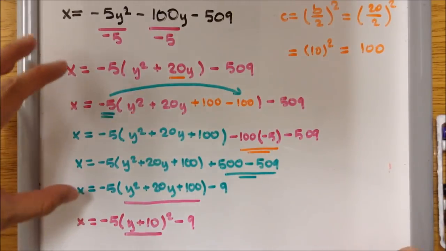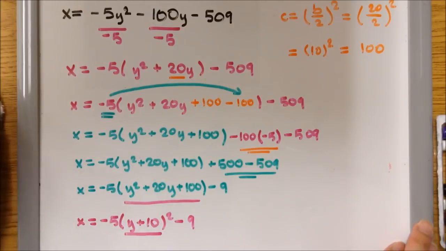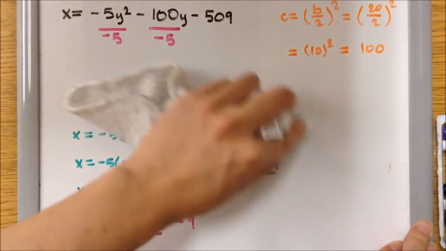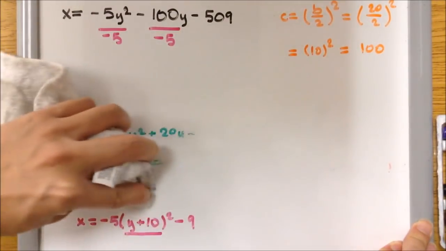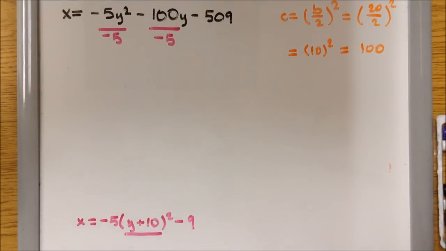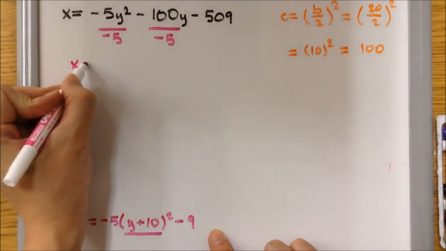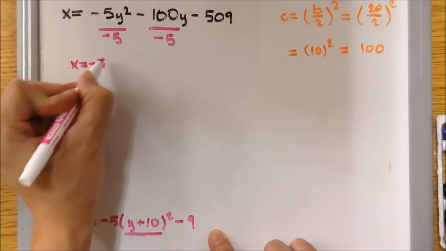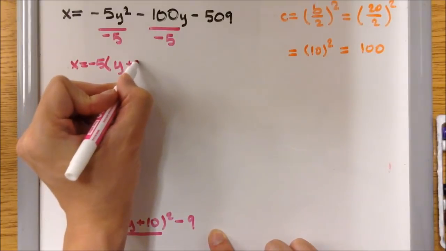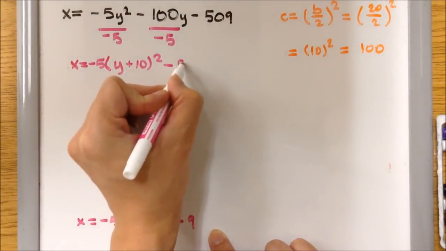Alright, I'm going to erase to make more room. Alright, and I'm going to write this up here. X equals -5 times the square of y plus 10, and then -9.